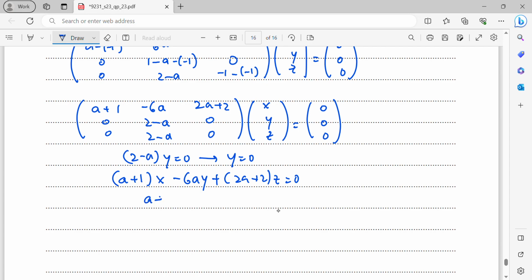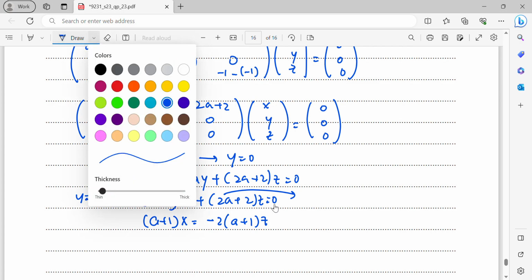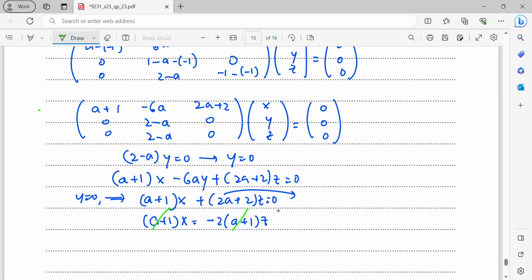That means (a plus 1)x plus (2a plus 2)z equals to 0, which means now (a plus 1)x equals to, move this to the right side and take out the minus, and at the same time take out the 2 as well, so it will be (a plus 1)z. So the a plus 1 can be cancelled off, which means now your x is basically minus 2z.